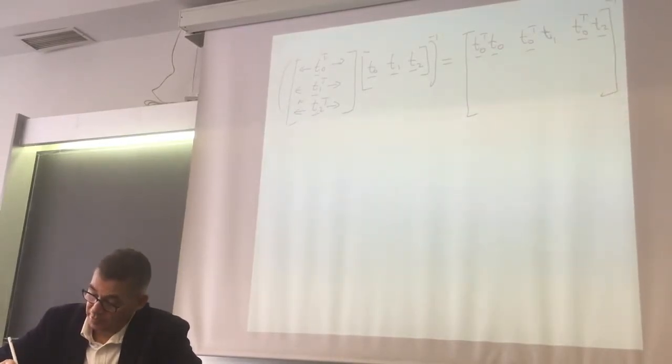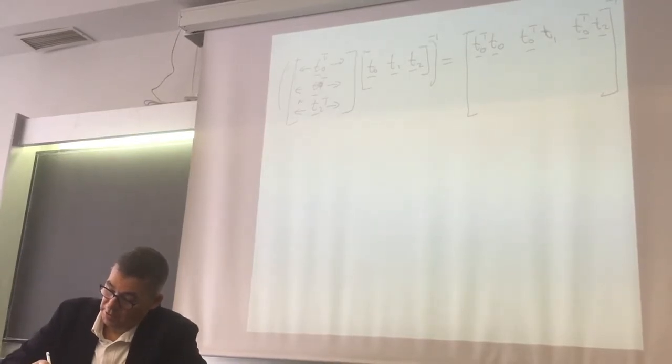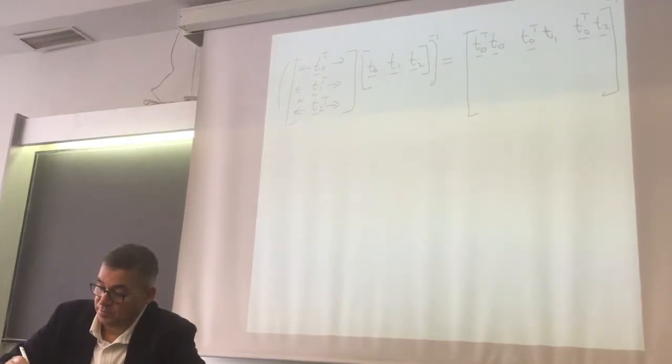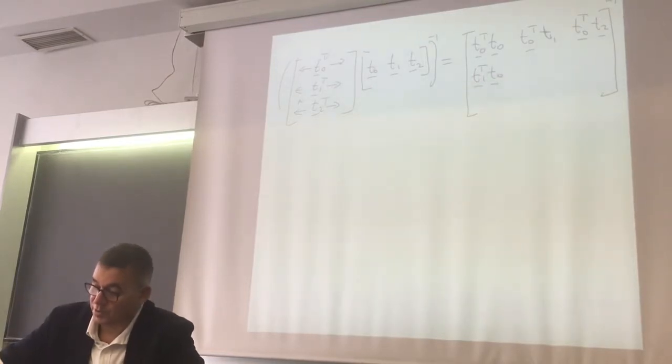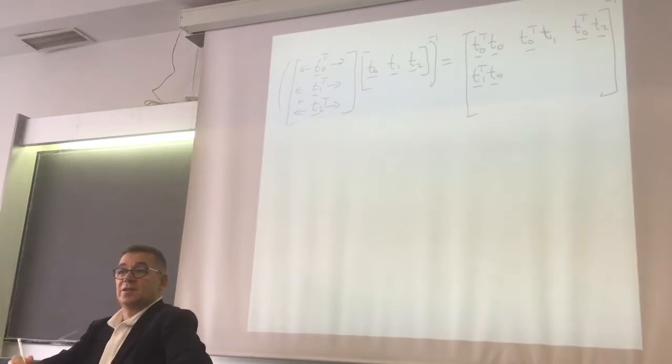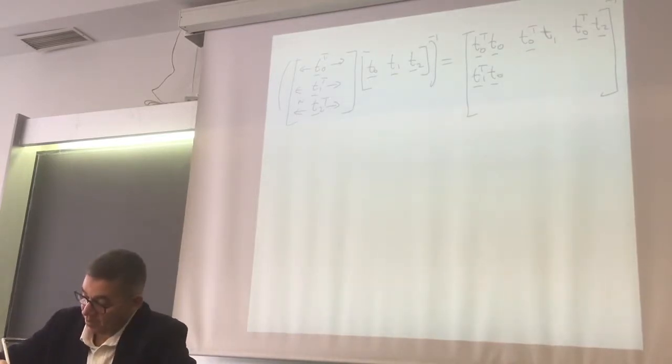Then I have, second, T1 transpose T0, T1 transpose T1, T1 transpose T2. T1 transpose T0, by the way, is equal to T0 transpose T1. Then I have T1 transpose T1, then T1 transpose T2.